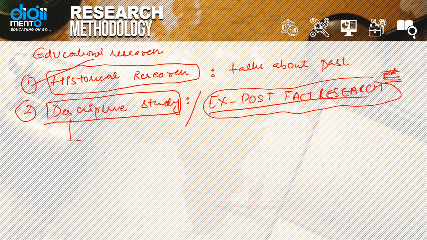In the descriptive study, the researcher has no control over the variables, because he makes this study on the basis of research which already exists.